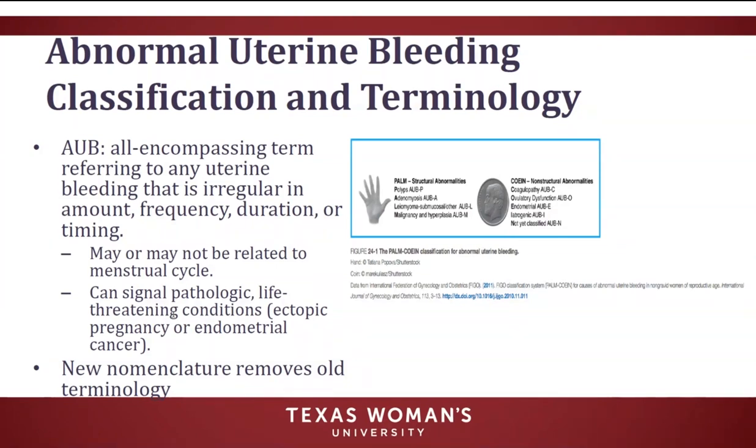So polyps, which are typically benign growths inside the endometrial lining, that is your P. Adenomyosis, which is an A, is basically a thickening of the wall, the uterine muscle itself, and we'll discuss that further. It's a very firm tissue that grows. It's normal tissue, but it grows.